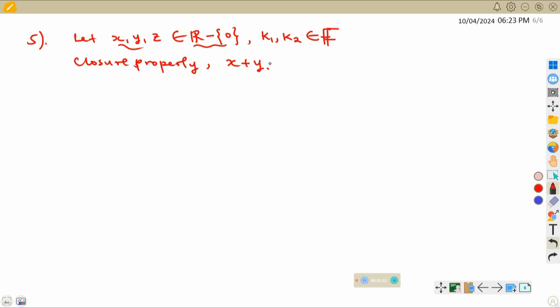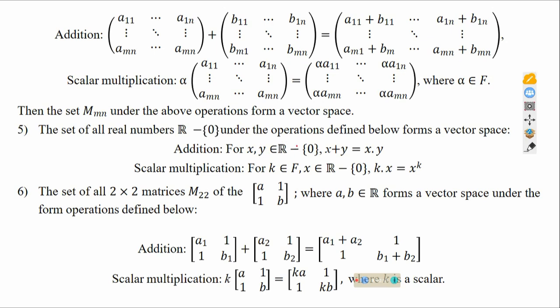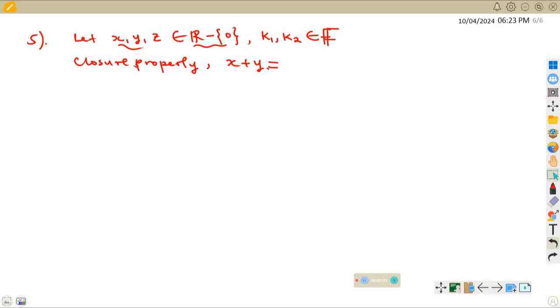So looking at this x plus y, let us look at the definition. Remember, you have to use this definition. They said that x plus y is the same as x times y. So by definition, x plus y is the same as x times y. But our interest is, is x times y also a real number in this given set?